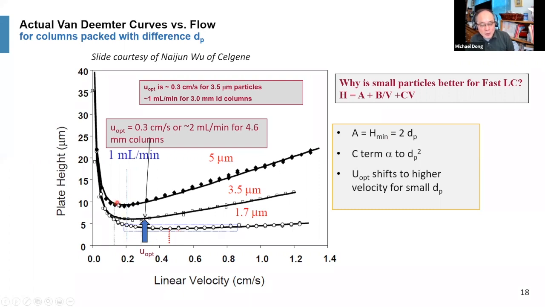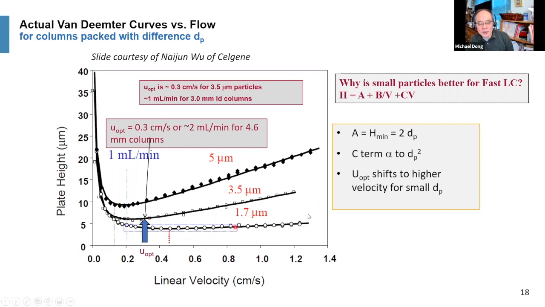Also, the optimum velocity of the minimum plate height gets shifted to higher velocity, right? So that's why you use small particles to give you fast separation, because you have much lower C term. C term is the mass transfer term, right? They're flat, meaning that you can go to very high flow rate with very little loss of column efficiency.